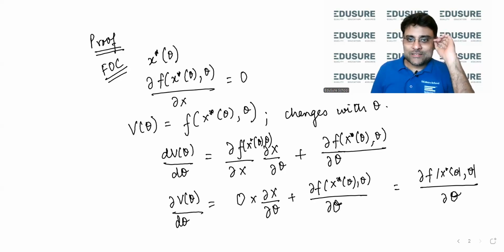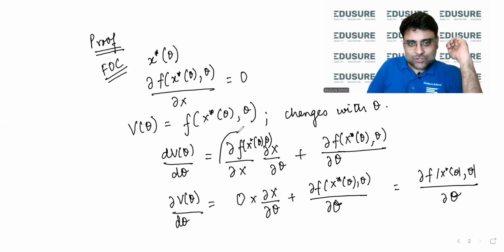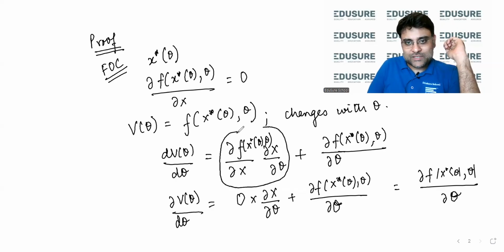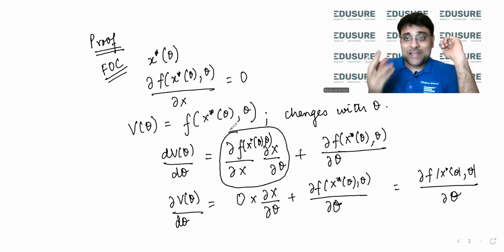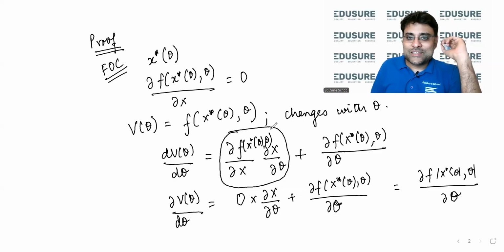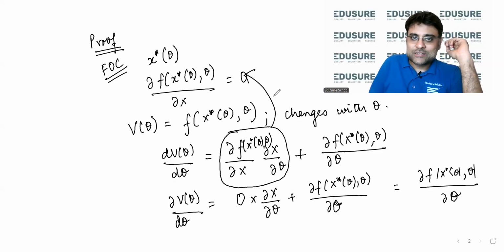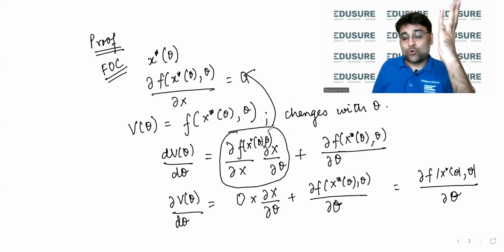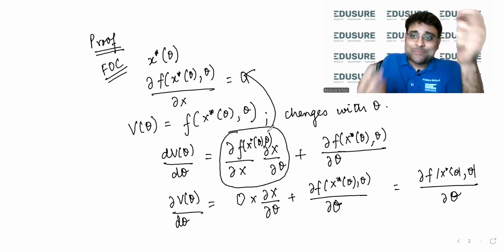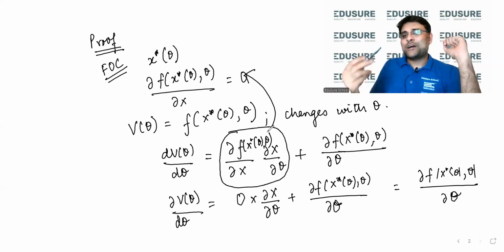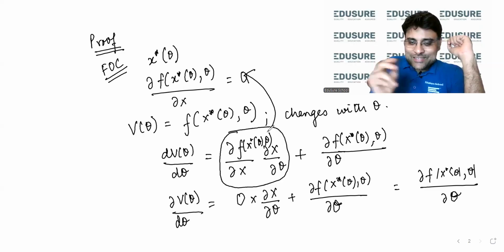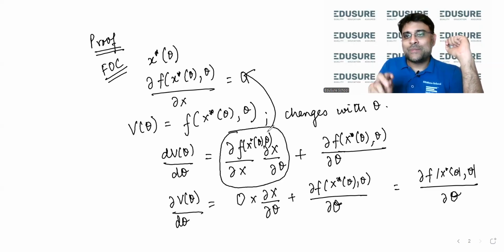This part is called the indirect effect of theta, but this indirect effect does not affect the optimal value, because in the first order condition this becomes 0. When I maximize, my del f del x is becoming 0. So this effect is being nullified.